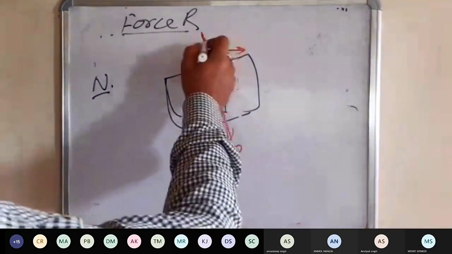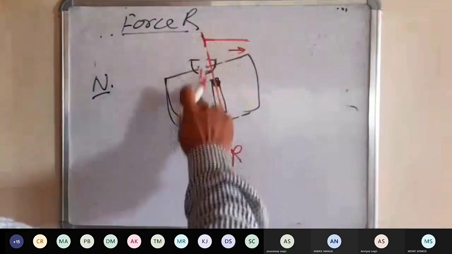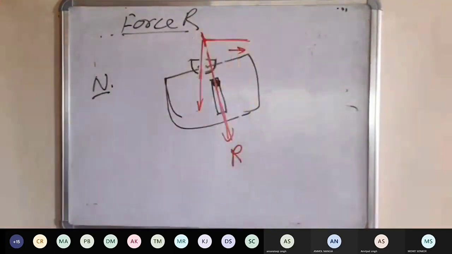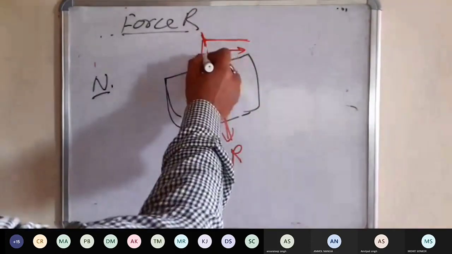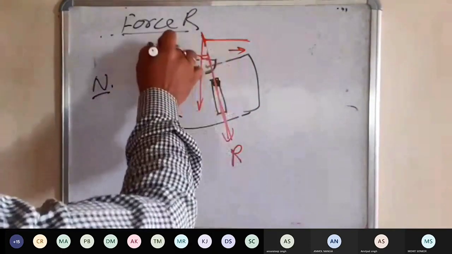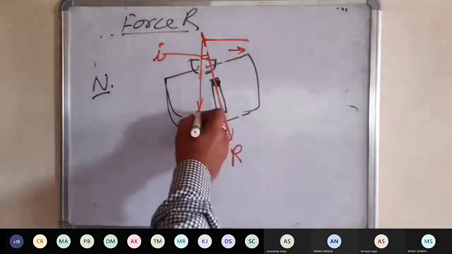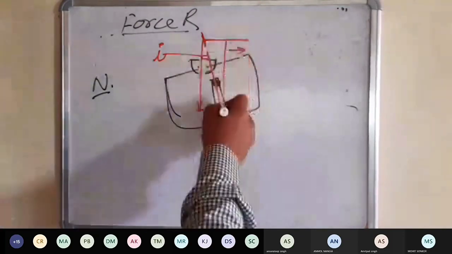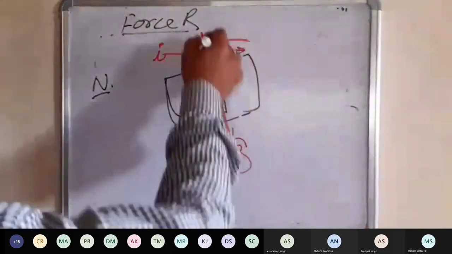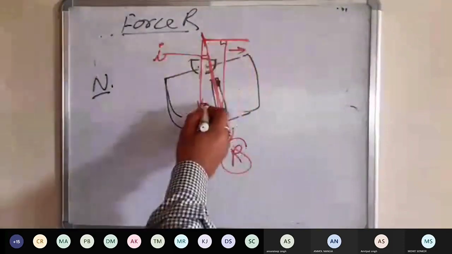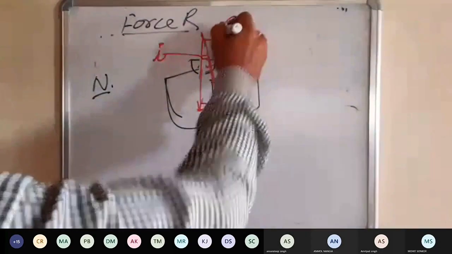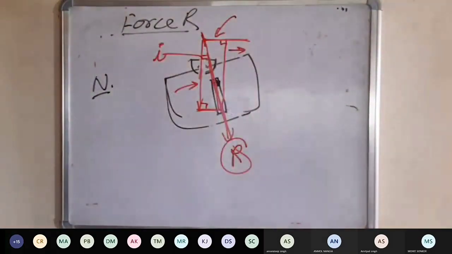This R can be broken down in two components. This is the angle of heel, which is indicated by small i. If we see this, the two components here, this is R, which is the hypotenuse, and this is the right angle triangle. So one component is this, the other component is this. This horizontal component is what is going to cause the deviation, because now it is acting in this direction.